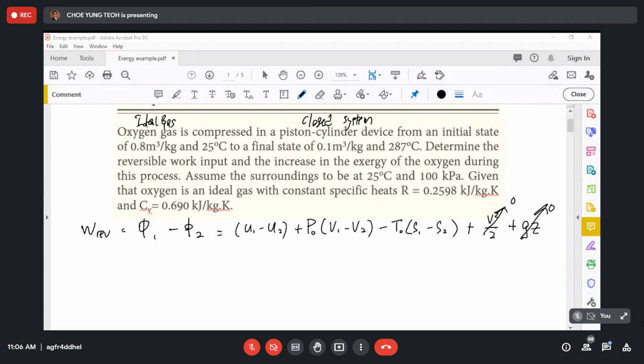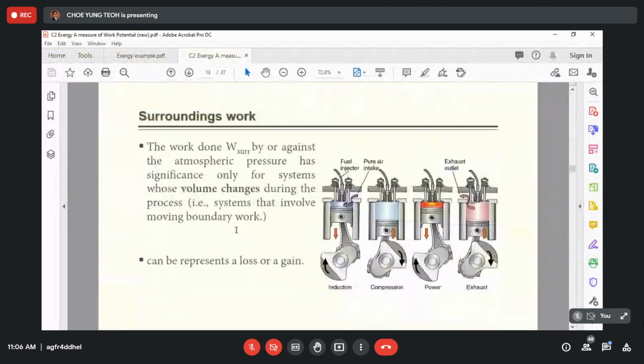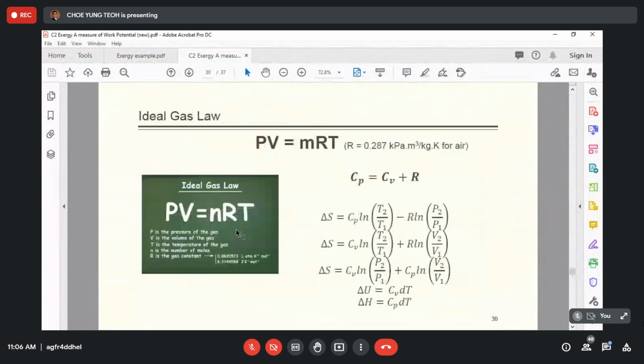Our syllabus will cover only steam or ideal gas, not other gas you consider. Okay, so from here, you can use the equation for the ideal gas, ideal gas law. So you want to get the delta U, and then you want to get the delta S.